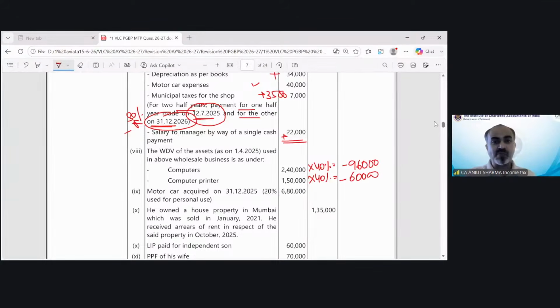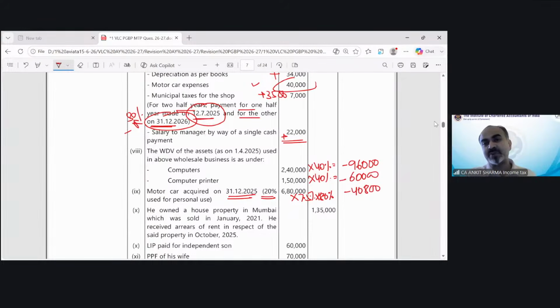In case of motor car, acquired on 31st December 25 and 20% for personal use. So all car expenditure would be 20% disallowed. You can only claim 80%. So on this, the rate would be half, 7.5%, and that would be only 80% part you can claim as a depreciation. That amounts to 40,800.